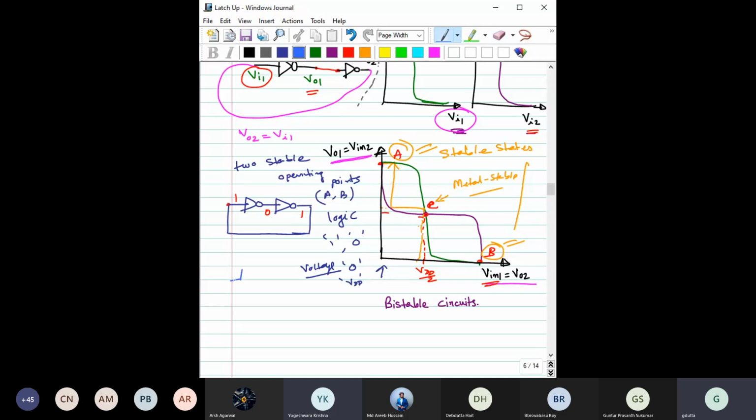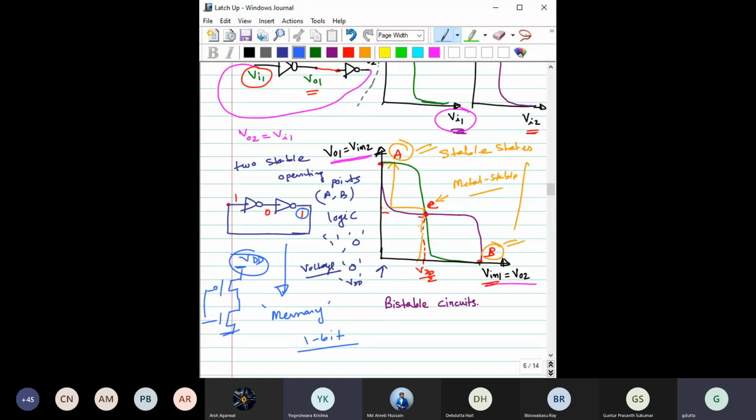From the circuit point of view, to make this inverter you need VDD. So if you cut the supply voltage VDD, then that information will be lost. Are you getting my point? As long as the power is there, you have given the trigger, so that will also act as a memory, and it can store only 1 bit.